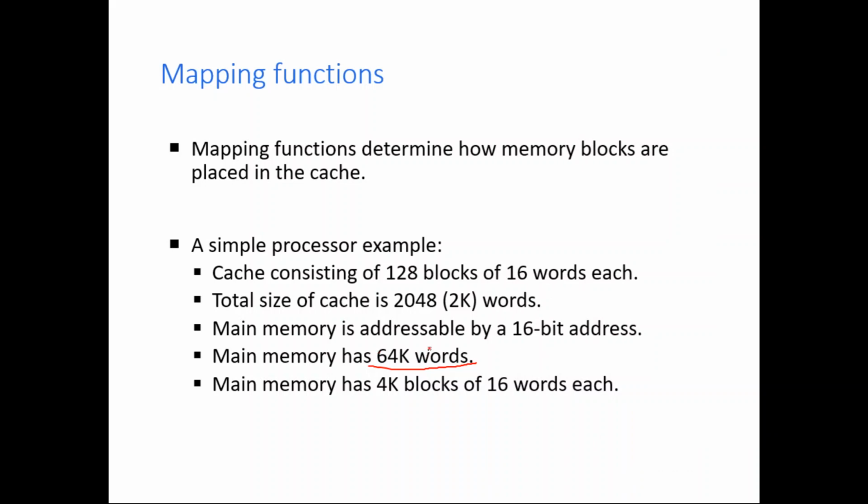So the only thing you have to remember is that the size of the cache memory is 128 blocks, where each block can hold 16 words. The main memory can hold 4k blocks, that is 4096 blocks, where each block can hold 16 words. So 4096 into 16 words, totally it can hold 64k words, that is 65,536 words.